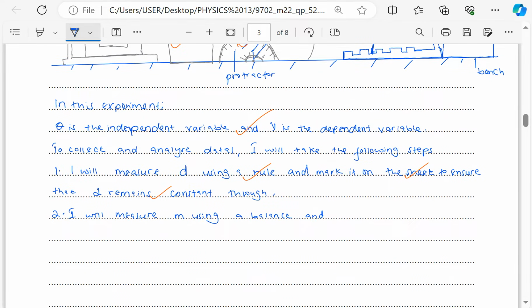So I will measure B. And B, of course, magnetic flux density or magnetic field intensity, is measured using a Hall probe. It should be calibrated. A Hall probe must be first calibrated. So I'll measure B using a calibrated Hall probe.